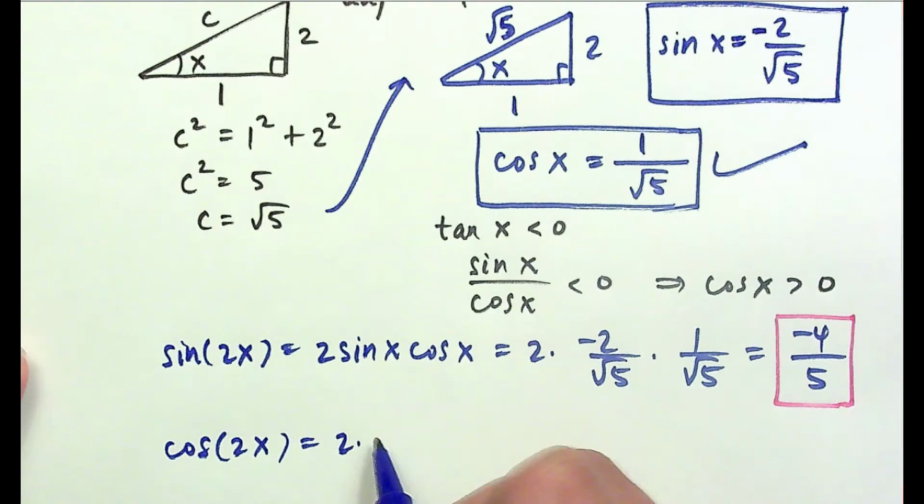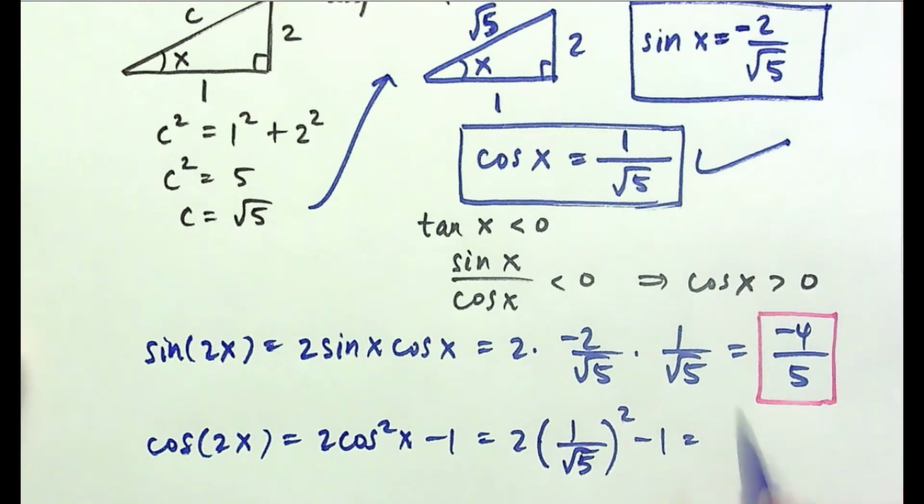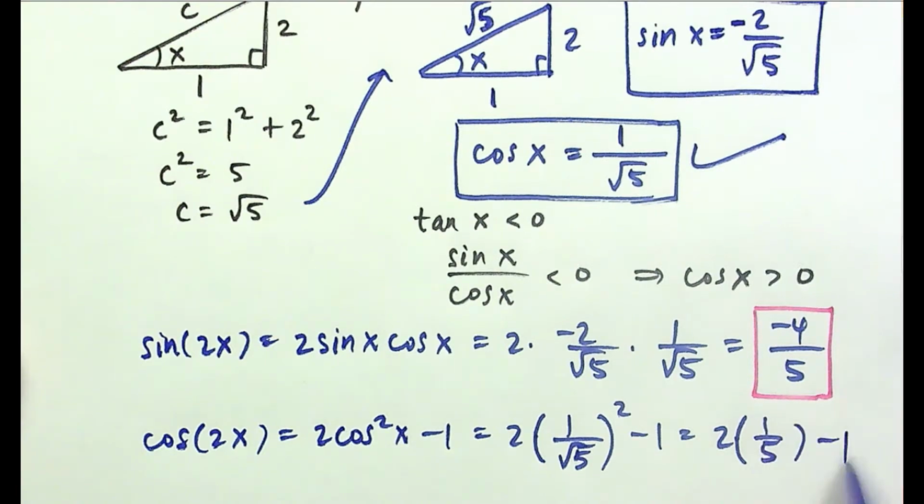Doesn't matter. So this is 2 cosine squared of x minus 1. So just replace cosine of x with what it is, which is 1 over square root of 5, squared, minus 1. And let's simplify this. This is 2 times, when you square that, you get 1/5, minus 1.